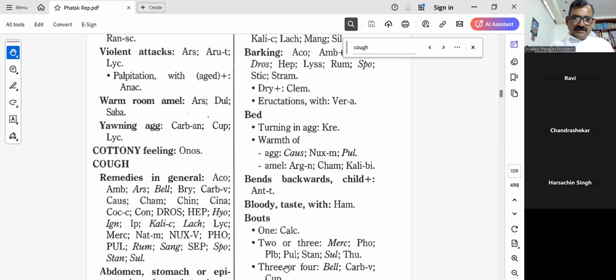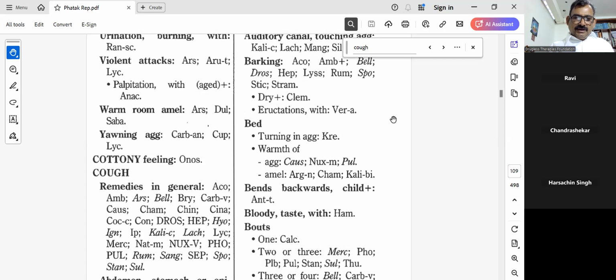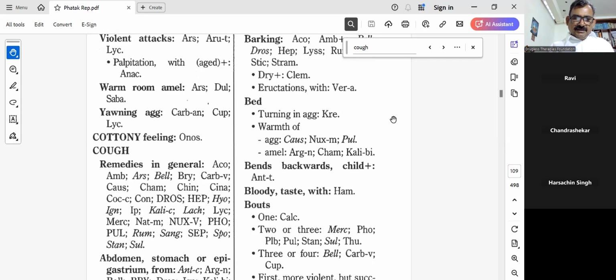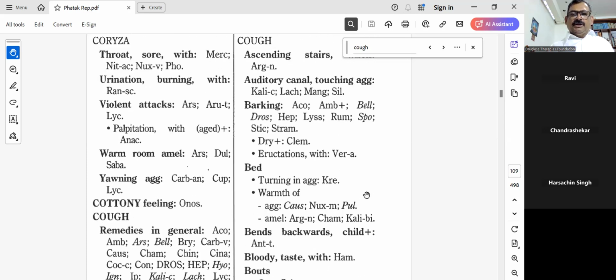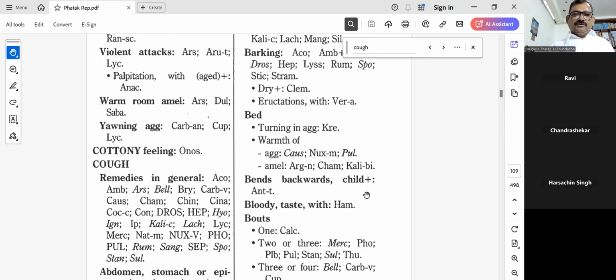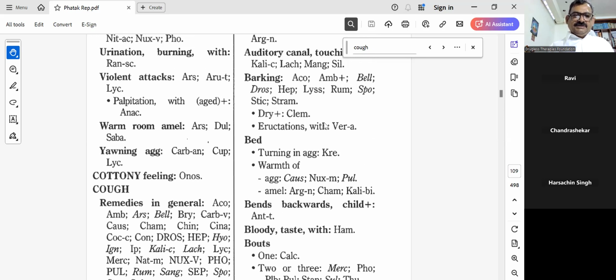You have to compare between these two. Belladonna. Okay, 3 or 4. So likewise, if there are 3 or 4 bouts with the barking cough, then Belladonna is the remedy.